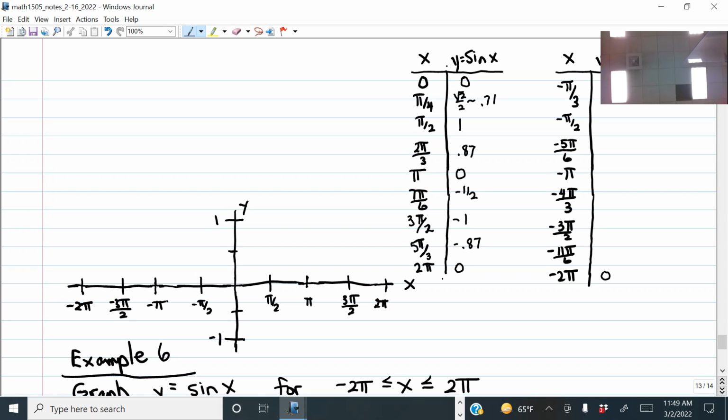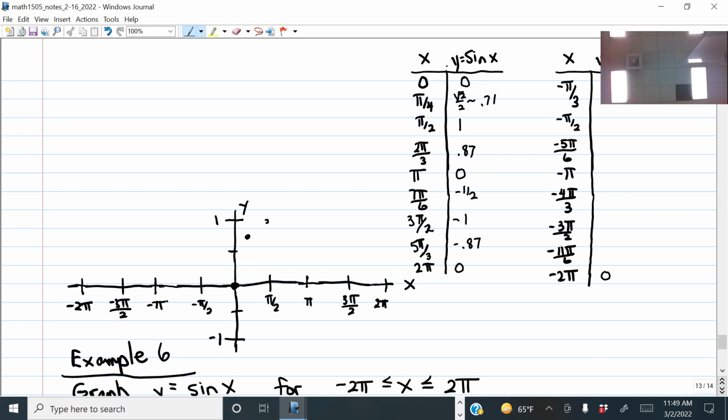So let's see if we can plot these points kind of closely. It's hard to do by hand over here, but for 0, that one is not hard. There's 0. Pi over 4 would be right here, and that's about 0.71. Pi over 2 is up to 1.